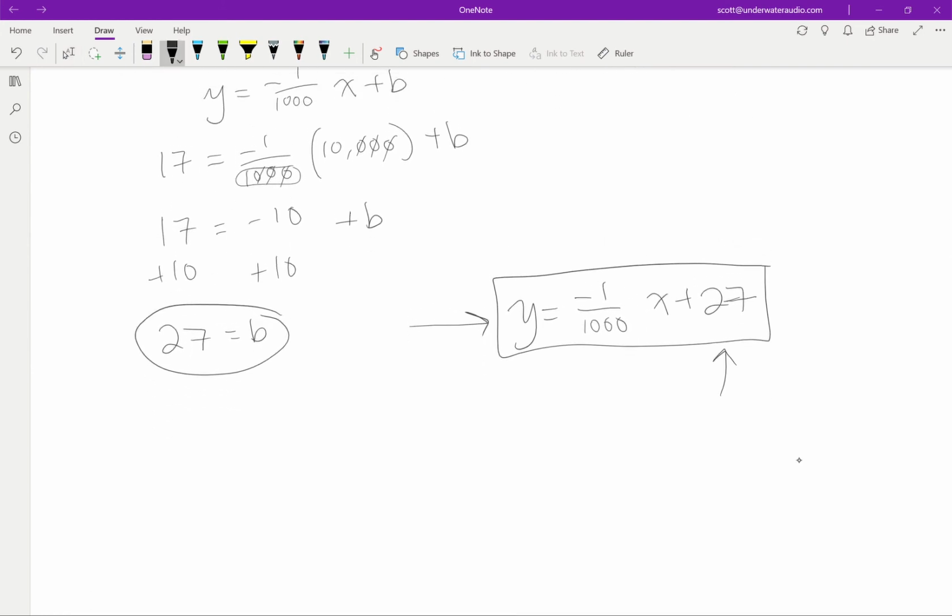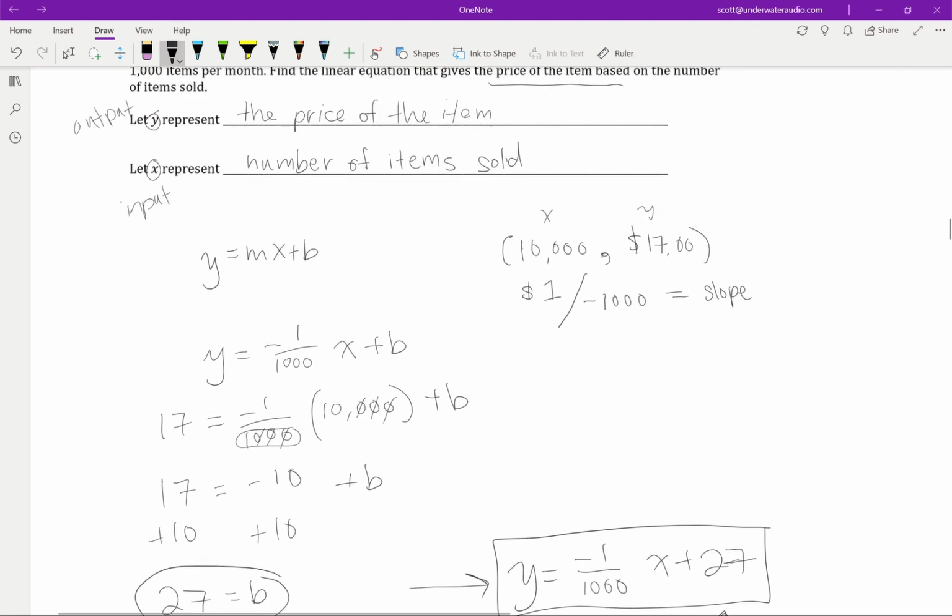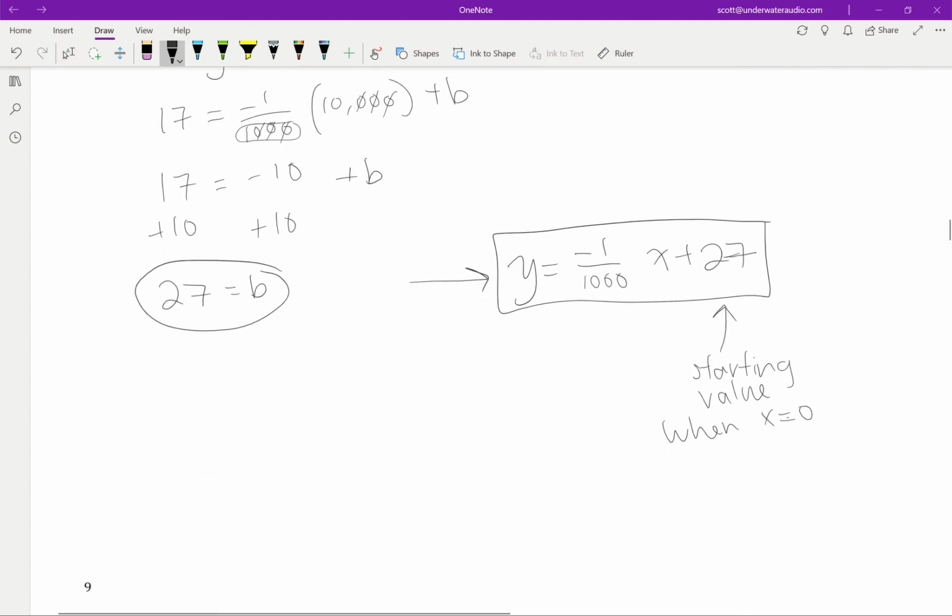So that's the starting value. So that's like when x equals 0, which in this case, when x equals 0, that's the number of items sold. So no items are sold.